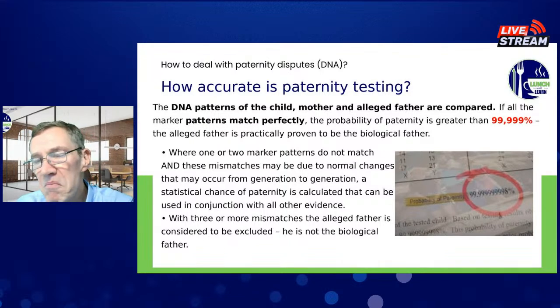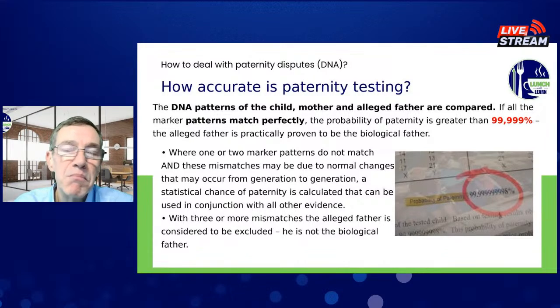It has sometimes happened that one or two of these markers do not match 100%, and that might be due to normal changes that may occur from generation to generation, or in the case where a person is exposed to long-term radiation.